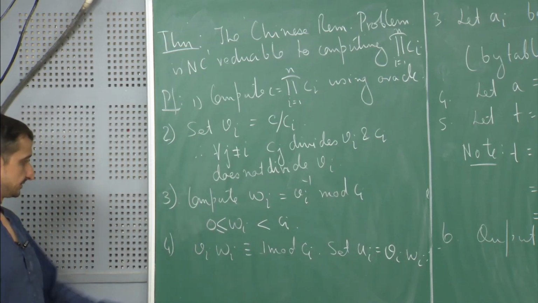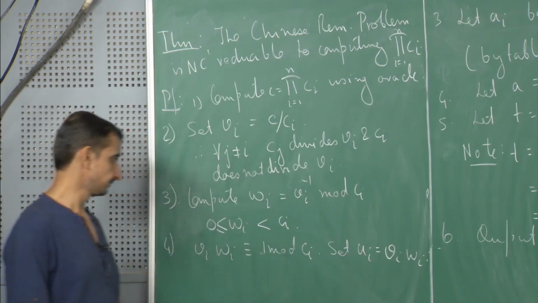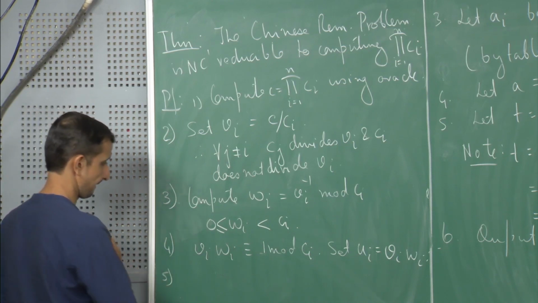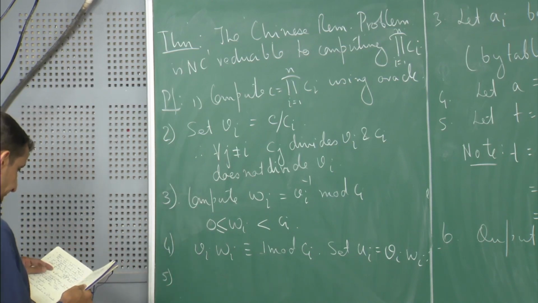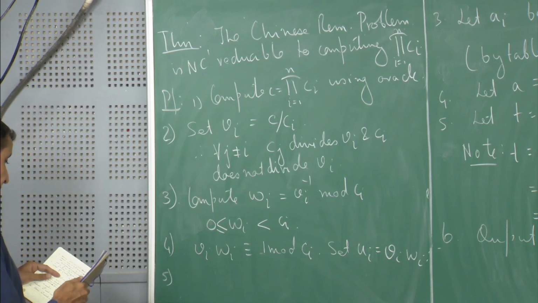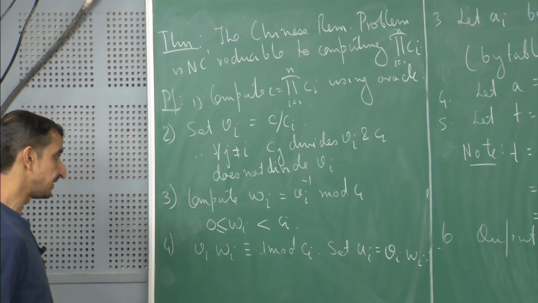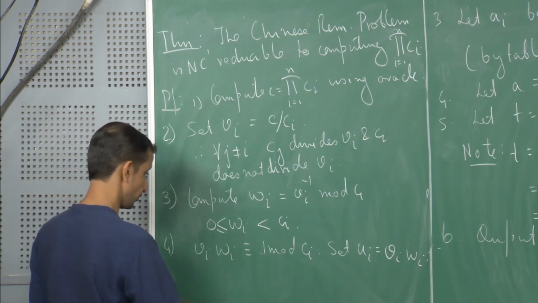Okay, so this product I'll just call it Ui. Now before going into the next step, what is a bound on Ui?